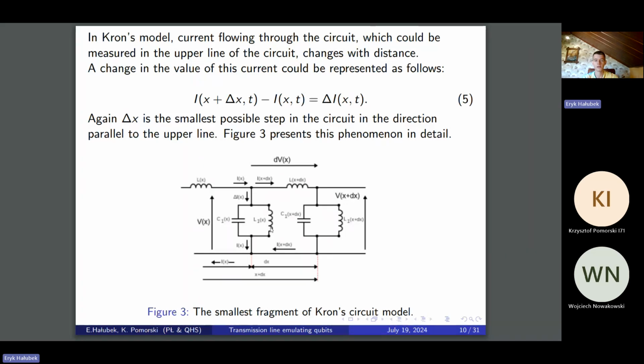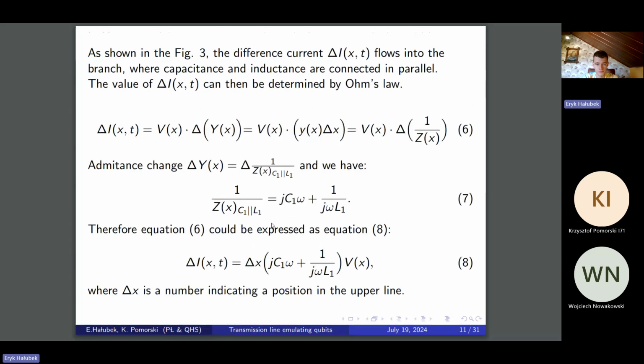We could calculate the total impedance of this branch as the impedance of the capacitor with the inductor, and using that we could write the following equations. So here we actually have admittance, which is the reverse of impedance. It's 1 divided by impedance, and the reverse of impedance could be written as follows.